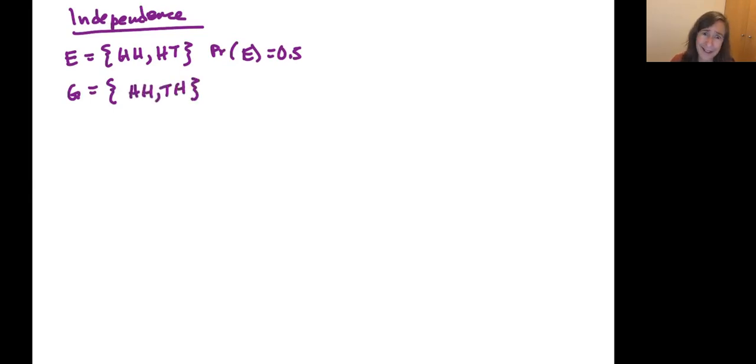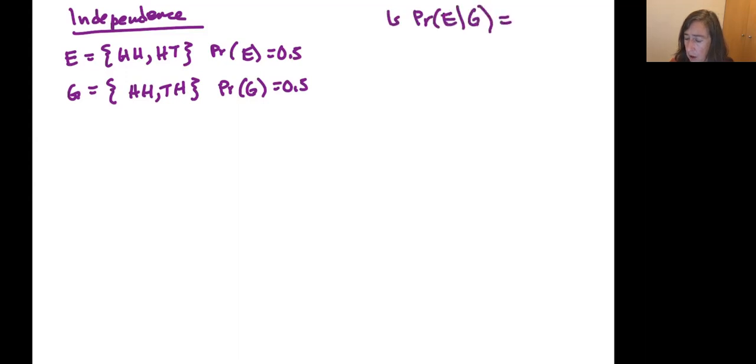G is saying the second flip was heads, and the probability of G is 0.5. We can ask the same question here. Is the probability of E conditional on G equal to the initial probability of E?